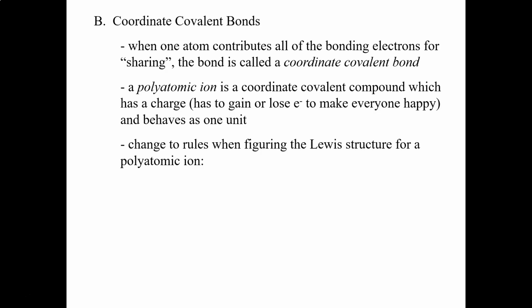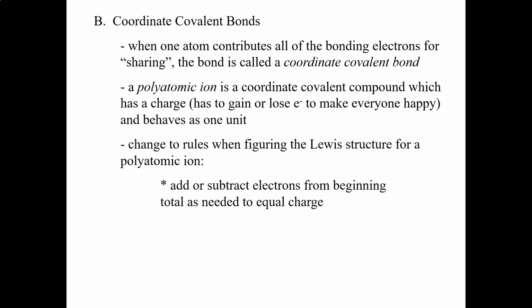So we can draw Lewis structures for polyatomic ions, but we have to keep in mind one little difference. The charge on a polyatomic ion is going to affect the number of electrons we start with.